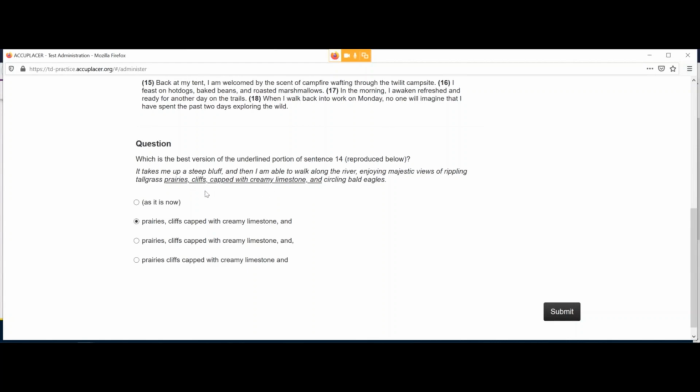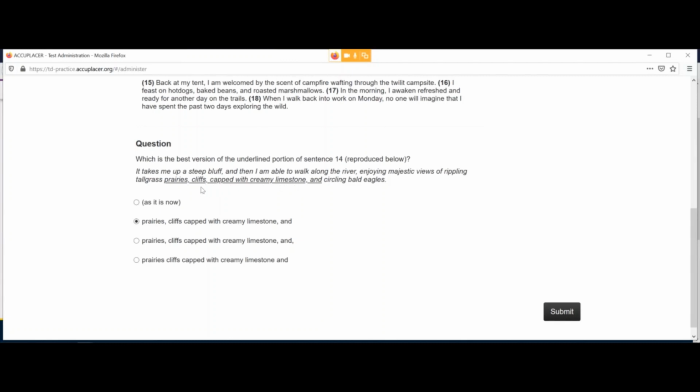There does not need to be a comma here, because the items that you're separating here are majestic views of rippling tall grass prairies, okay, and then the cliffs are capped with creamy limestone.